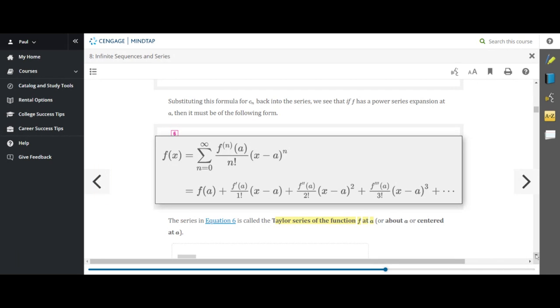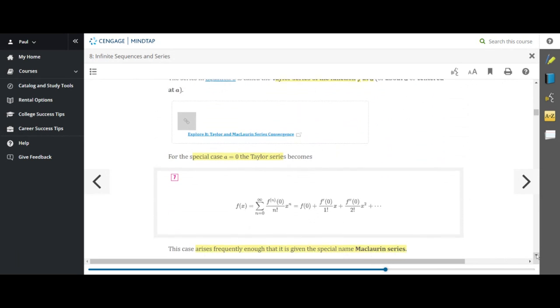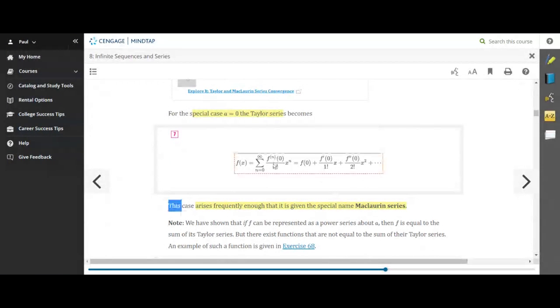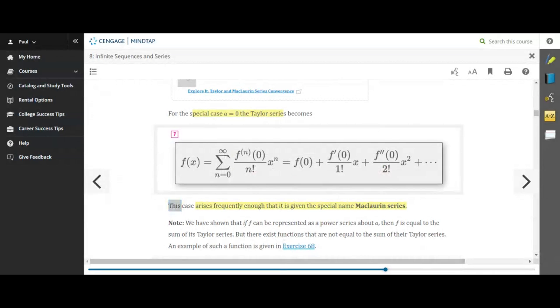If the value of a is 0, if it's understood to be 0, then that's a special case of the Taylor series, and we call that a Maclaurin series. For the special case that a equals 0, the Taylor series becomes a Maclaurin series. So that's just the Taylor series where the value of a equals 0. And many types of functions are expanded about 0.